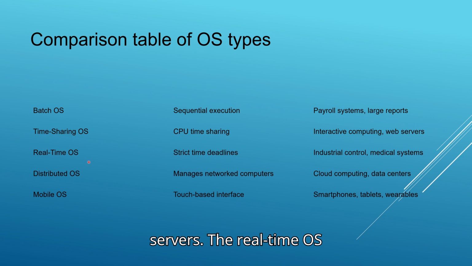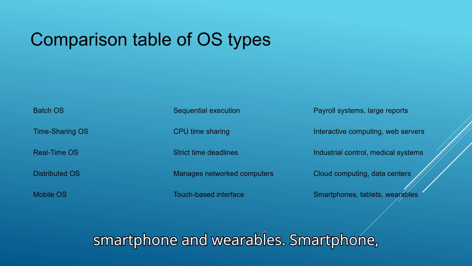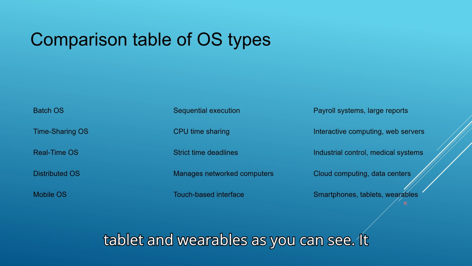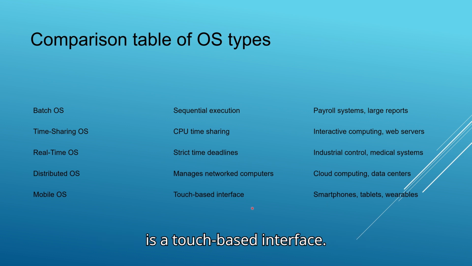The real time OS is essential in places like hospitals and factories. The distributed OS supports cloud services or server farms. Last, mobile OS powers smartphones, tablets, and wearables, as you can see. It is a touch based interface.